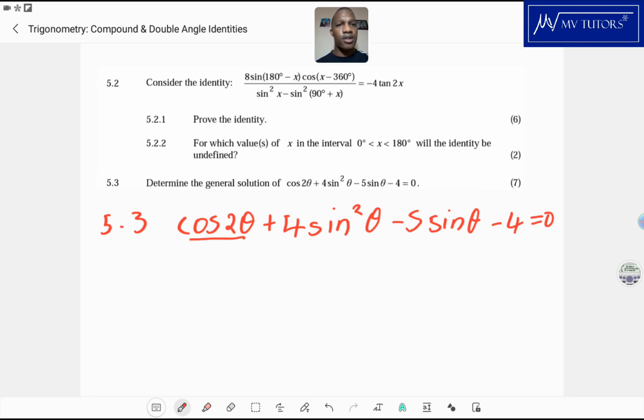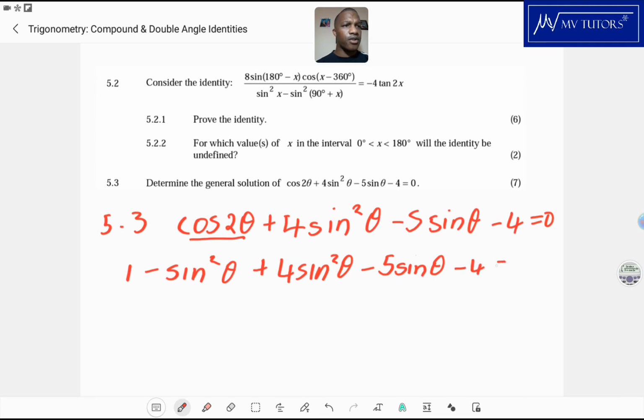The sine one is 1 minus sine squared theta plus 4 sine squared theta minus 5 sine theta minus 4 is equal to 0. Okay, now we can simplify this further.